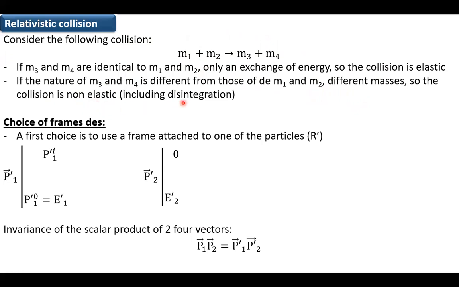And that includes disintegration. When you have a radioactive particle, one particle that disintegrates into two or more particles, this type of reaction is a non-elastic collision because you have one mass before collision and two or more different masses after collision. So it is a part of the non-elastic collisions.